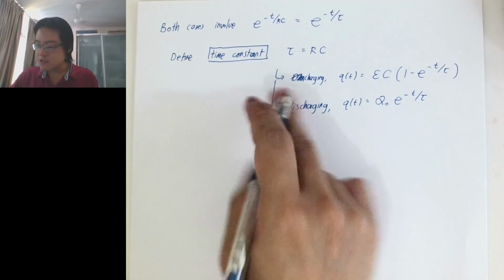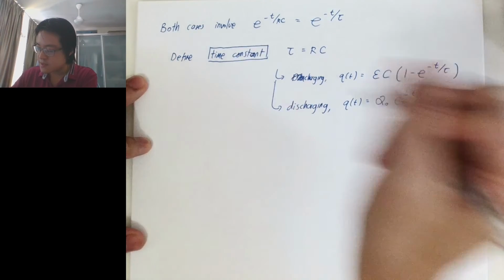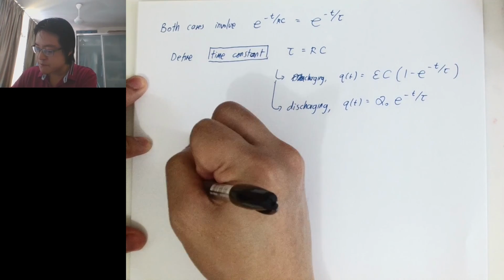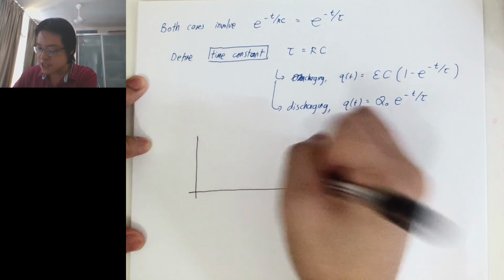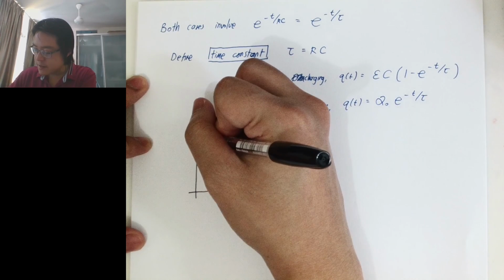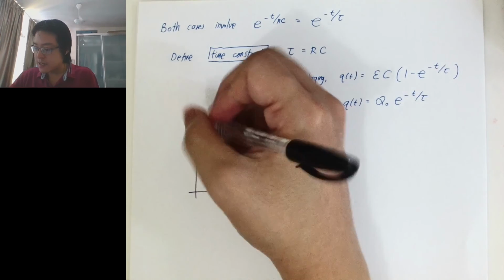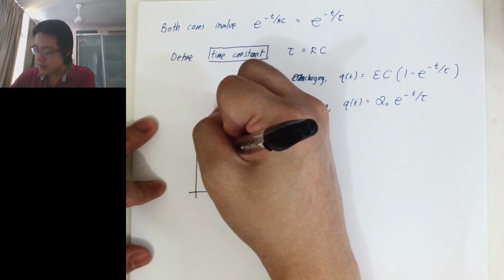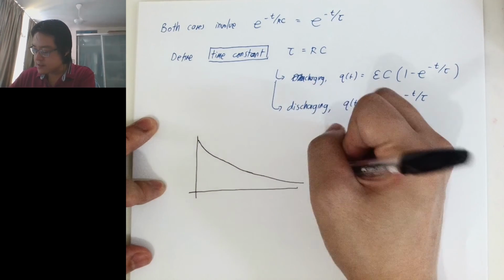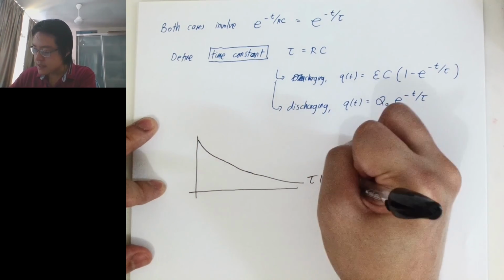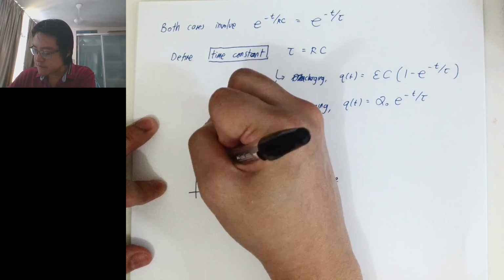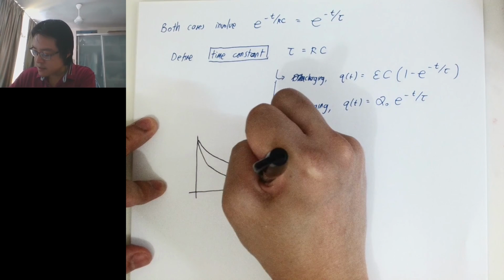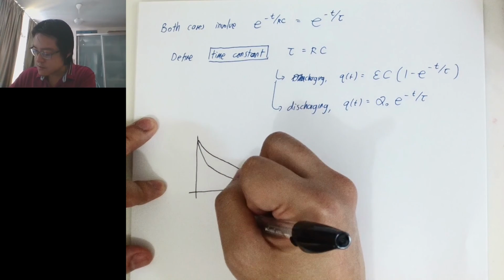So if I draw the picture of discharging, let's draw this example over here. If my tau is a large number, then the decay is slow, a large tau. But if I'm discharging with a small time constant, then this is a small tau.